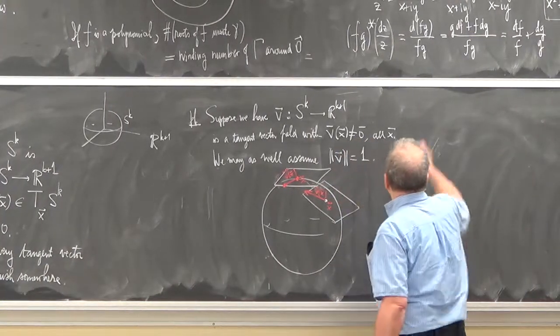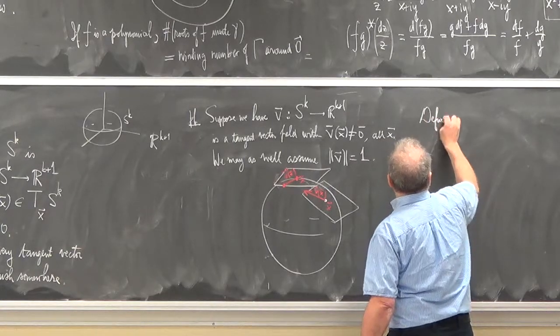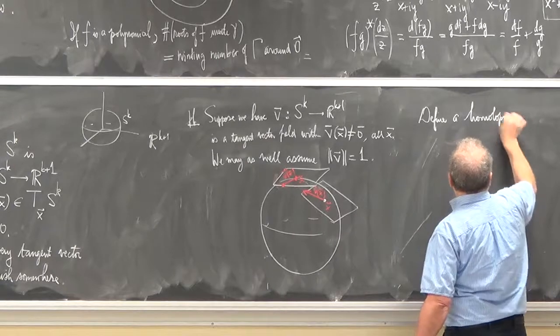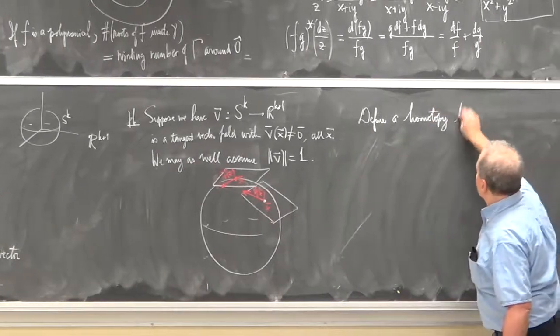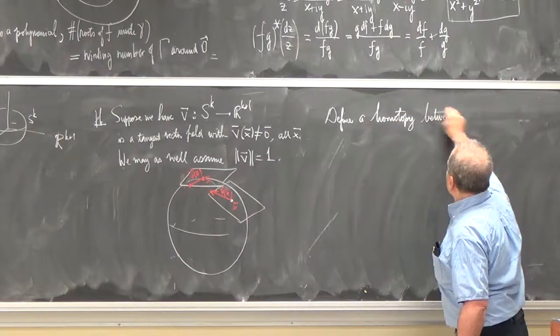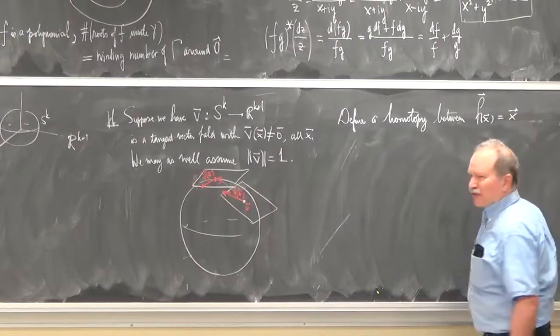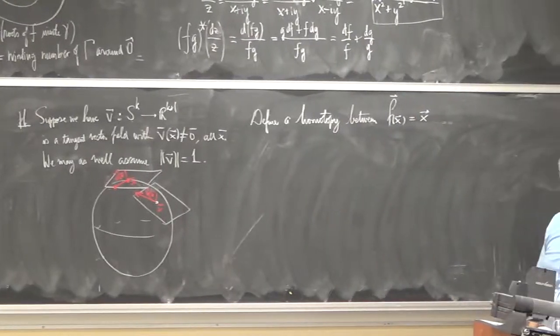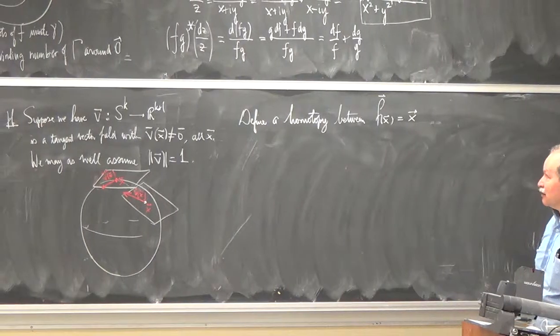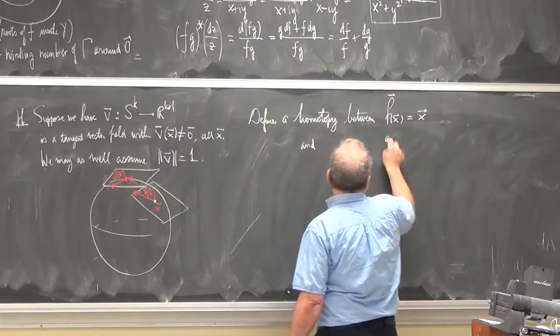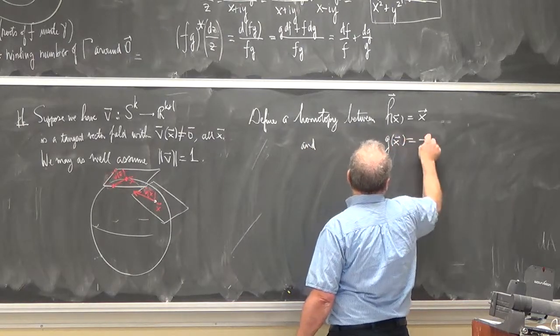I'm going to now define a homotopy between f of x, which I will now write with vector symbol, the identity function, f of x equals x, and the function g of x equals negative x.